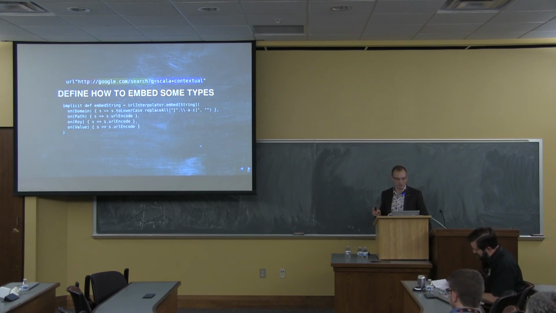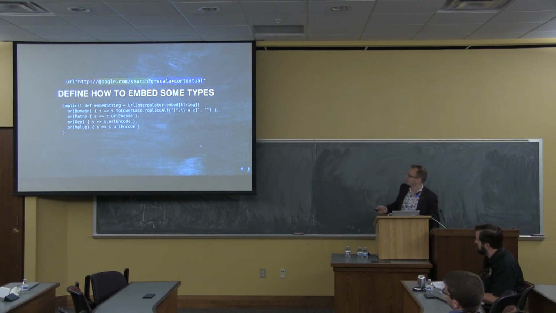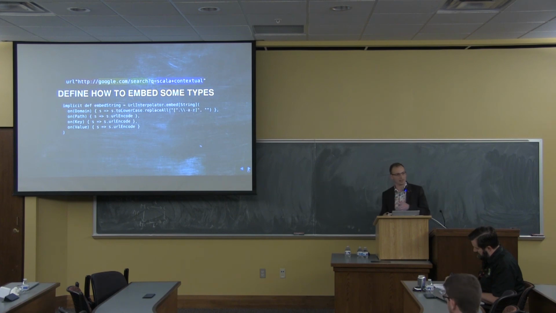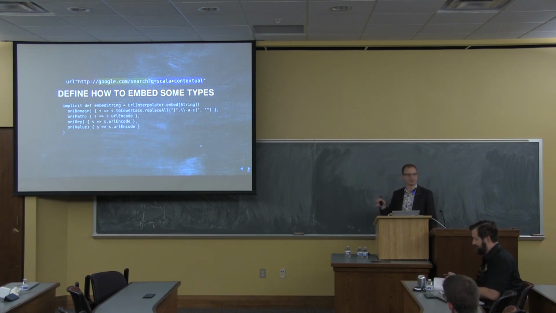I'm very proud that there's no macros involved here, such that it is able to infer an appropriate type for this, such that the contextual interpolator is able to pull in the type class as and when it is required, but otherwise it won't resolve. And you get a nice message to say, if you try to embed a type that shouldn't be there, that you can't do that.